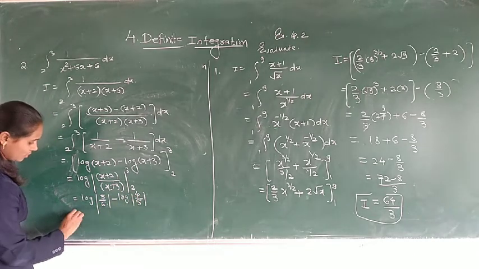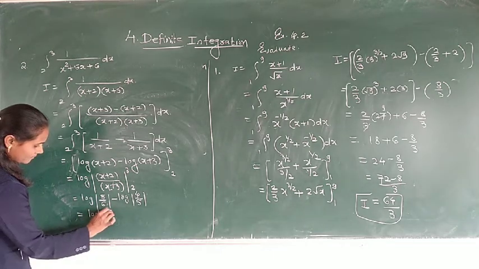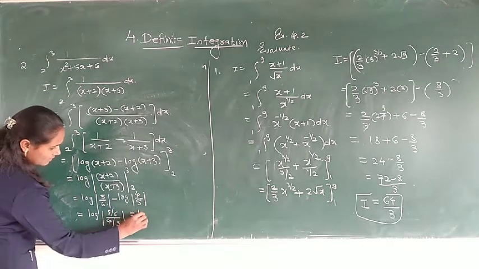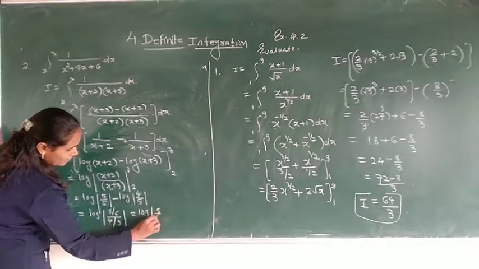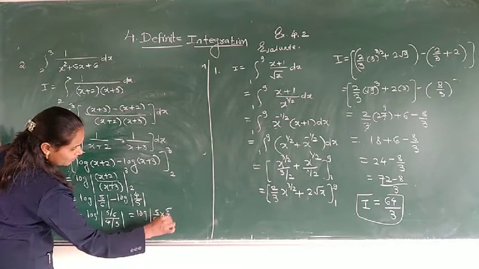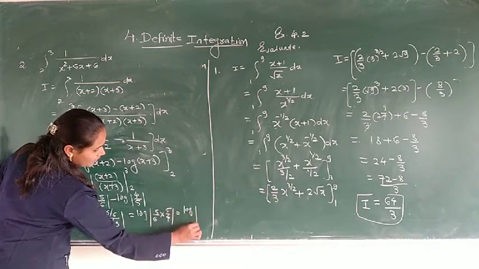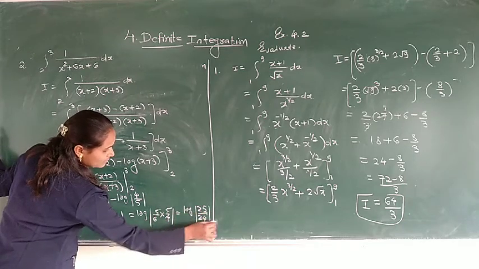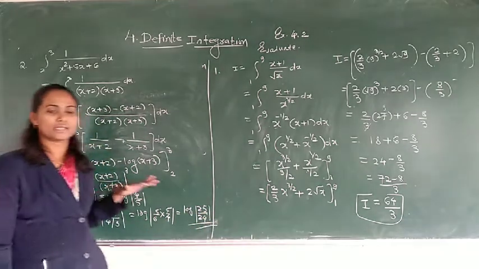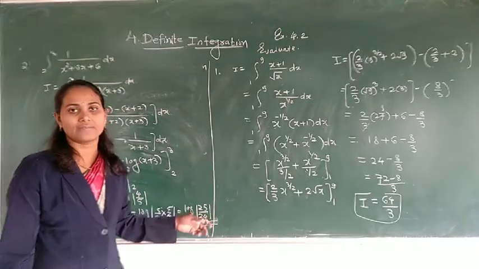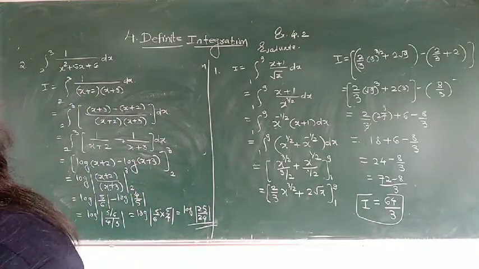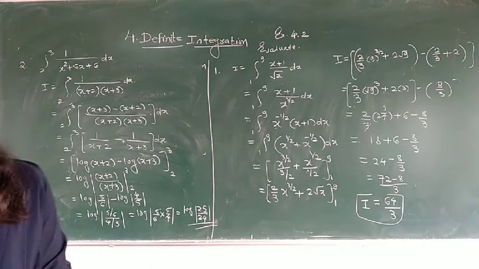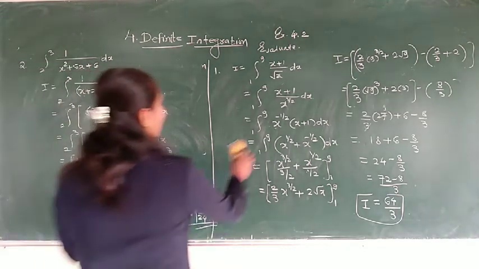Again by using the quotient law, here we will get log of 5 by 6 divided by 4 by 5, which is equal to log of 5 by 6 into 5 upon 4, which is equal to log of 5 into 5 is 25, and 6 into 4 is 24. So the answer of our second question is log of 25 divided by 24. Now the next question is integration 0 to pi by 4.